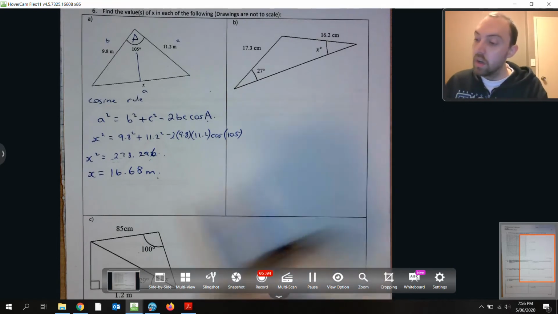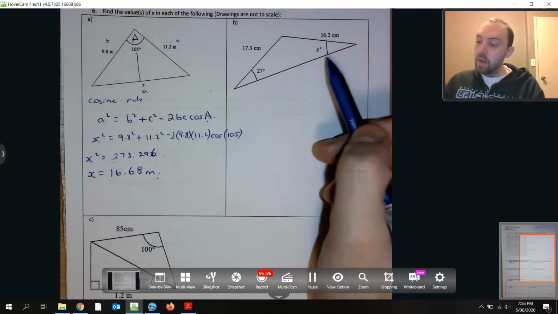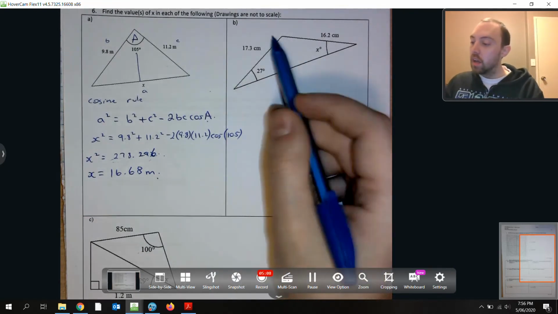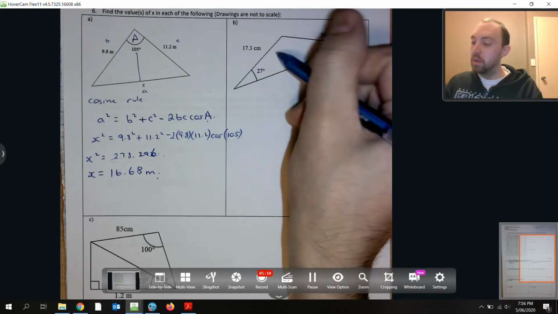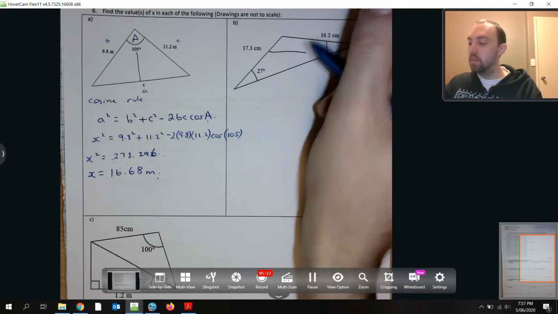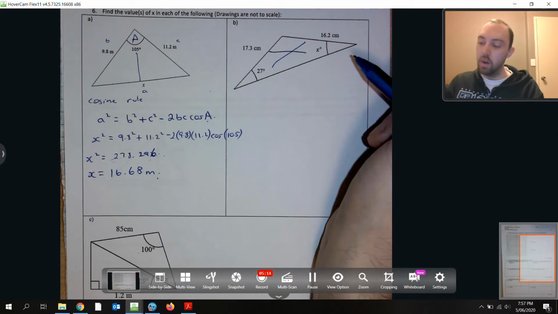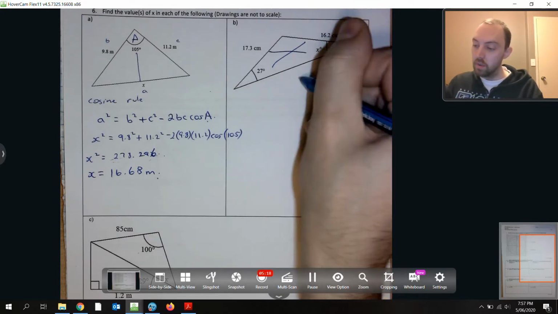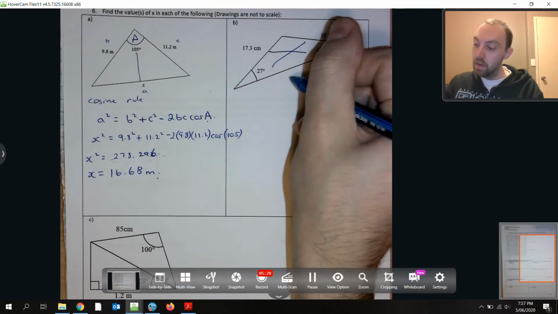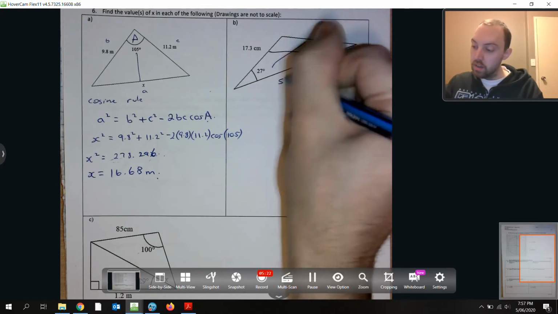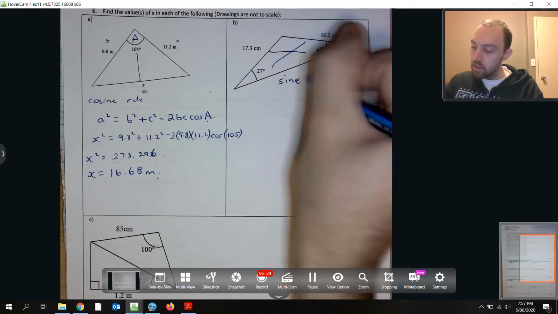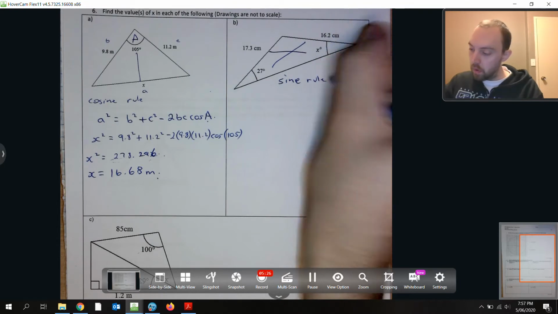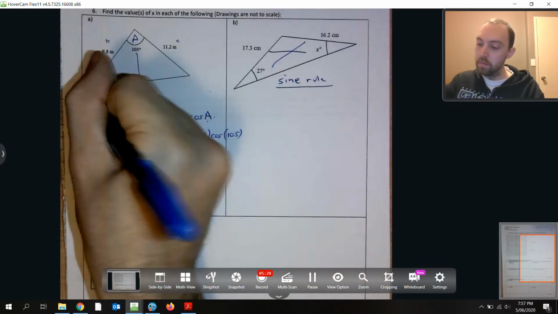Okay. Part B, we are looking at a triangle, and it appears that it's got opposite sides and opposite angles. Usually I see some sort of X here in my mind, or I just draw it in. This to me is a sine rule situation.